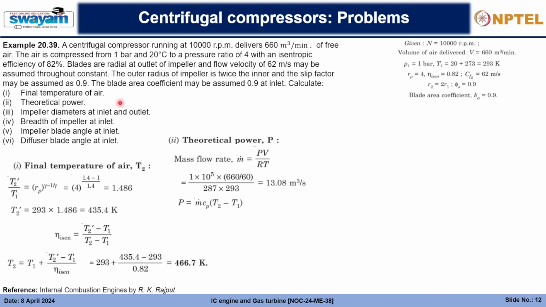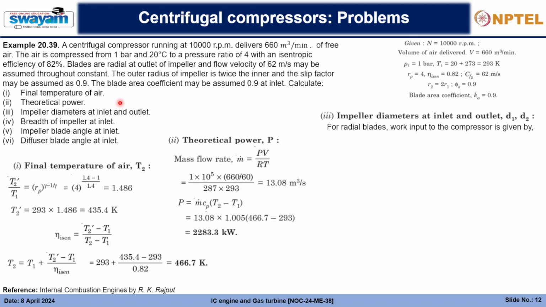Then power is the mass flow rate into the enthalpy rise, and enthalpy rise is given by H2 minus H1, that is Cp into T2 minus T1. We plug in the values, and the theoretical power required will be 228.3 kilowatt.